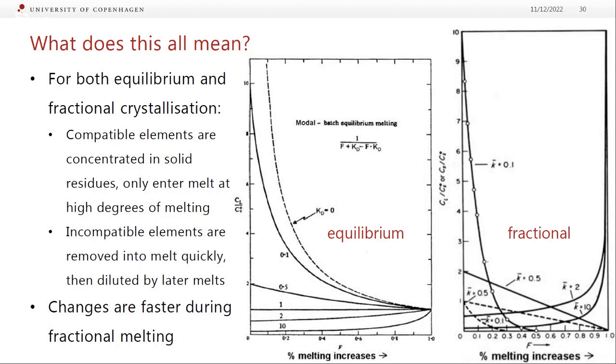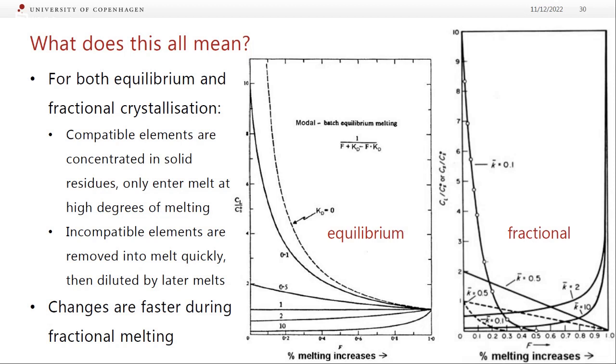And if we make F equal 0, then we get 1 over, and this is using KD instead of D, 1 over the partition coefficient, which is 10. So the first melt formed is going to have very high concentration of incompatible elements. As we carry on melting, they'll get diluted down. Once we've melted 100%, it doesn't matter whether it's compatible or incompatible, we have to have the same concentration as what we started with. Okay?